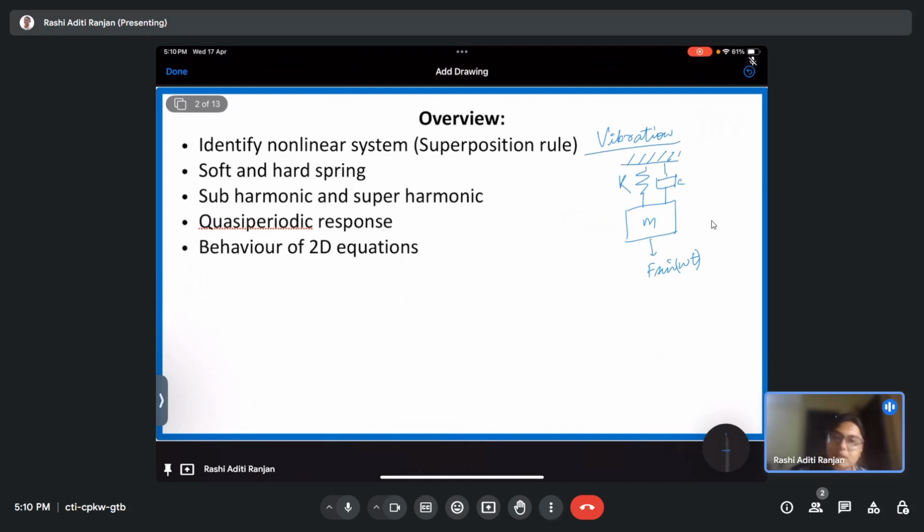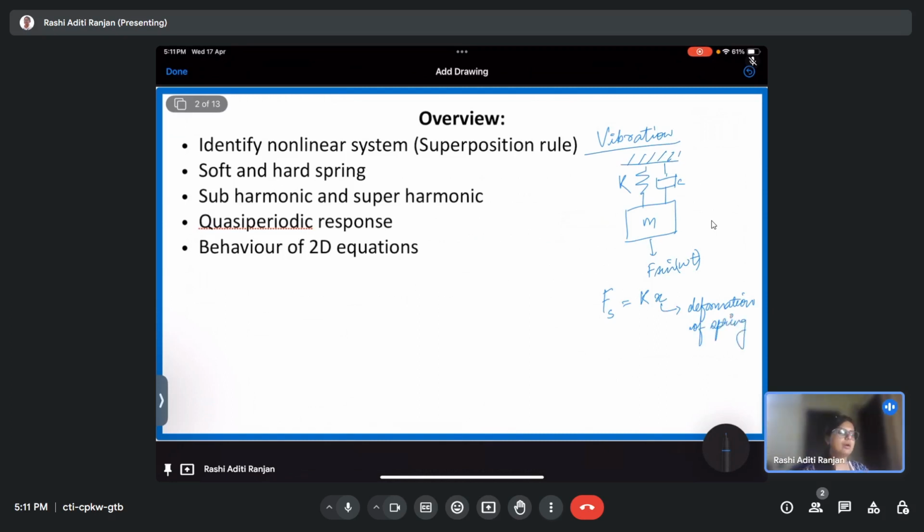But in all these cases, we consider that our mass is concentrated at a point and our stiffness is linear in nature. When I say linear, I mean the spring force is given as K into X, where X is the deformation of the spring.